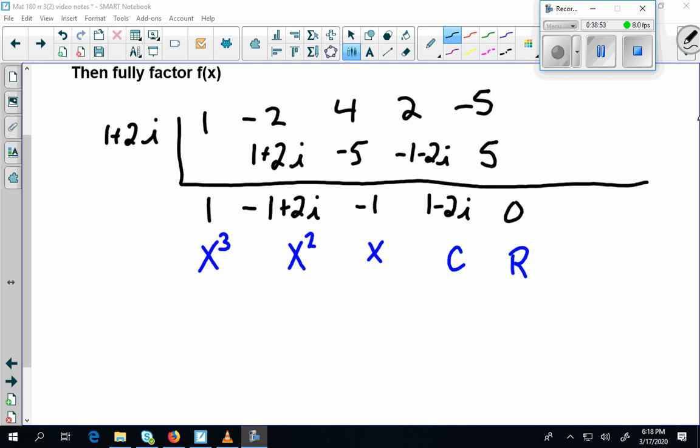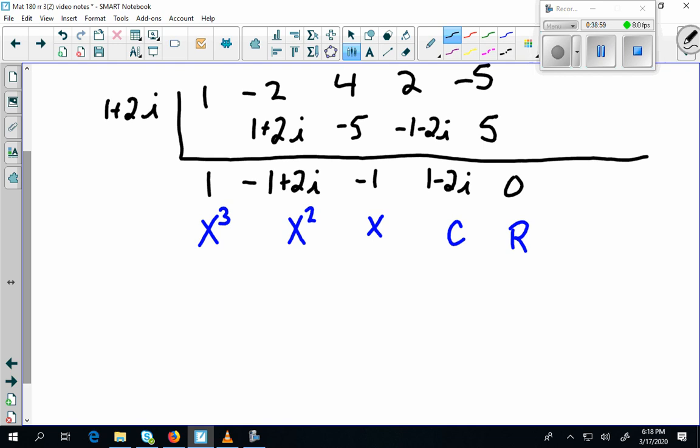So I know that 1 plus 2i is a 0 of this function. So that tells me x minus that exact quantity is a factor. And then here's my answer, so that's my other factor.